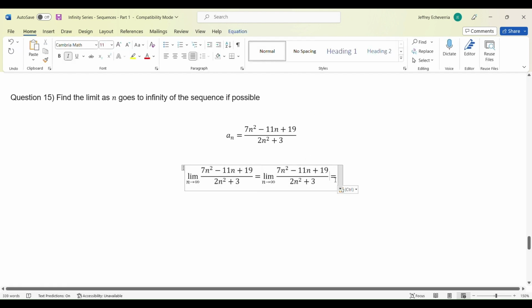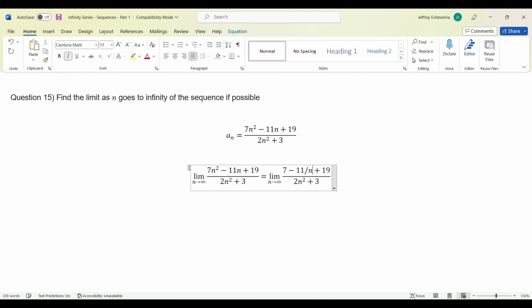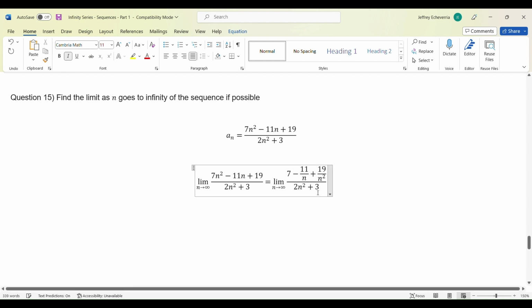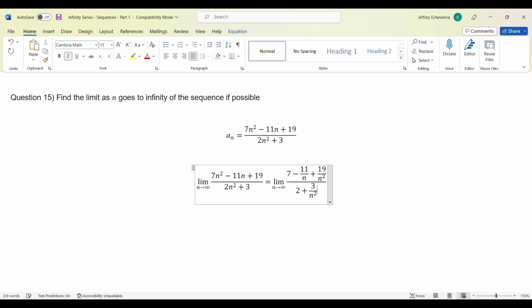And now we will divide by n squared to top and bottom. So that gives us over n. This will be n over squared. This will be gone. And this will be over n squared. So what we finally get is 7/2.